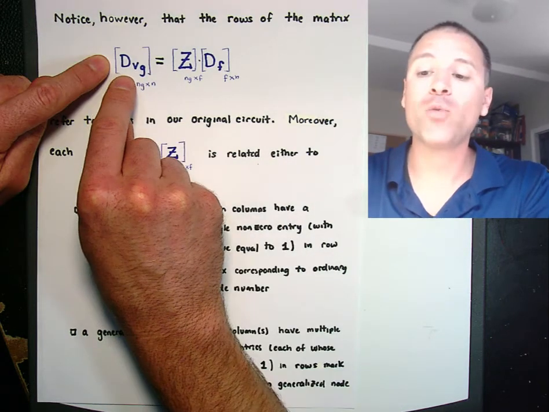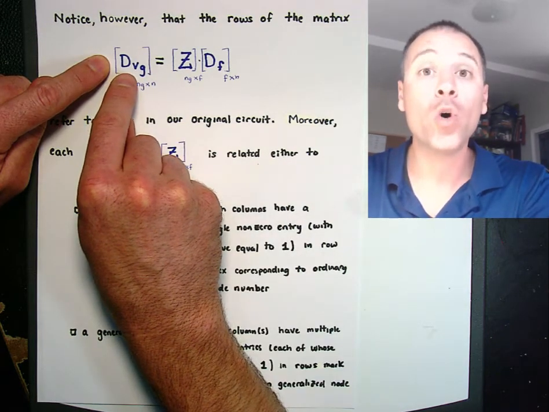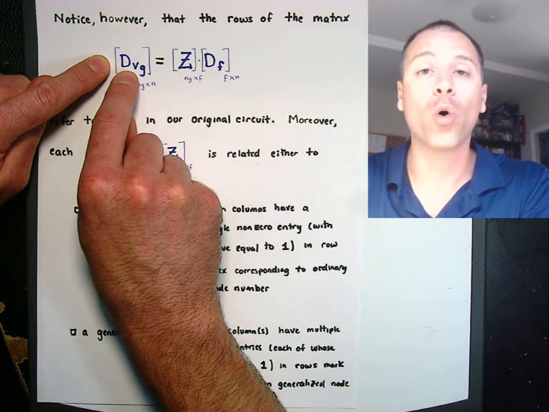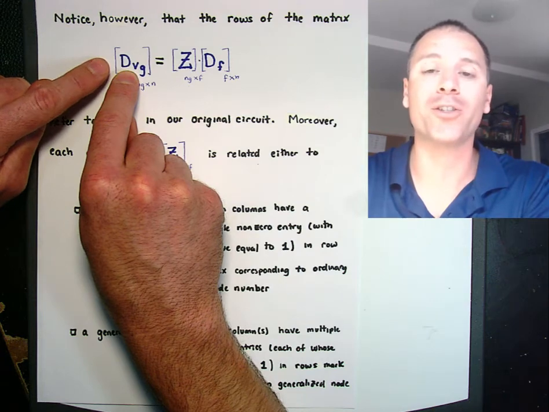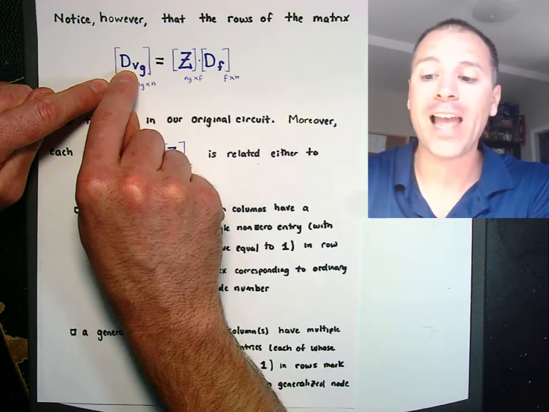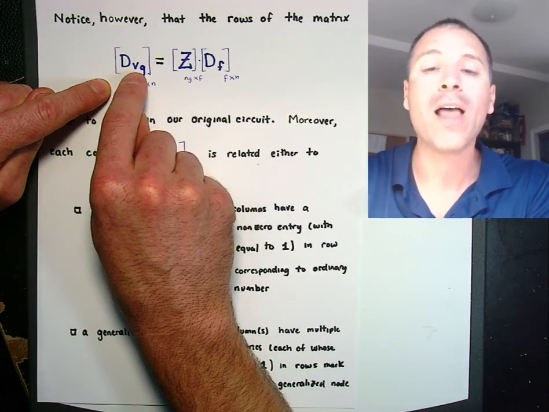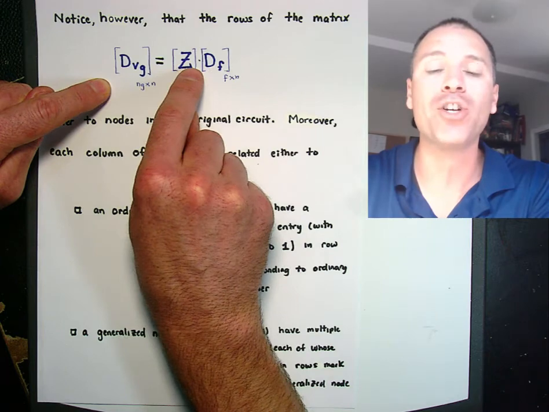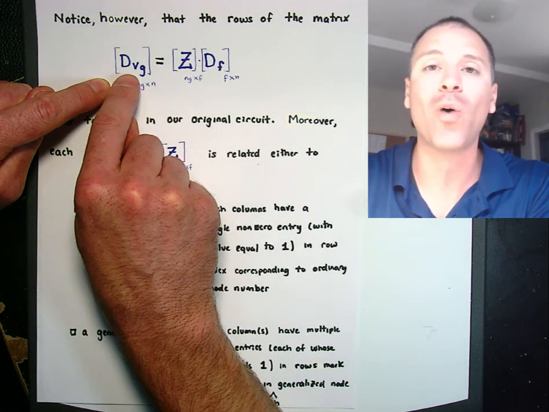But that implies we can focus in on the rows of the matrix D sub Vg. Remember, those rows correspond to nodes in our original circuit. The node that we've chosen as ground, when we look at the entries along that row, they're going to be all 0. By design, we've deleted the information having to do with the ground node. It doesn't show up in that matrix.